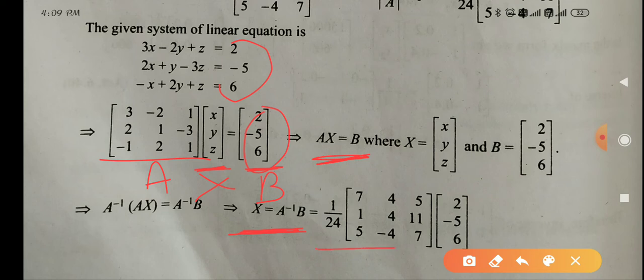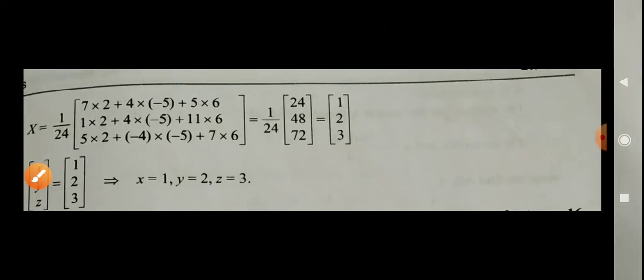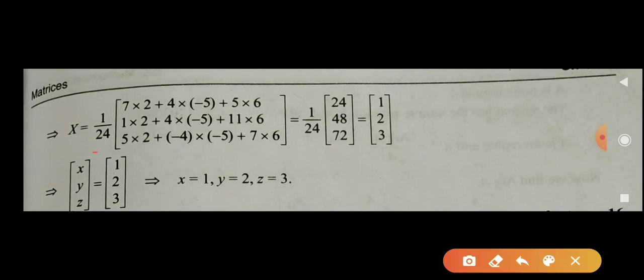So value of A inverse, this one, 1 upon 24 times 7, 1, 5, 4, 4, minus 4, 5, 11, 7, and value of matrix B is 2, minus 5, 6. Now you multiply. When you multiply, you can see this is the multiplication. It is coming 1 upon 24 times 24, 48, 72. Now each term divide by 24, so you will get 1, 2, 3.